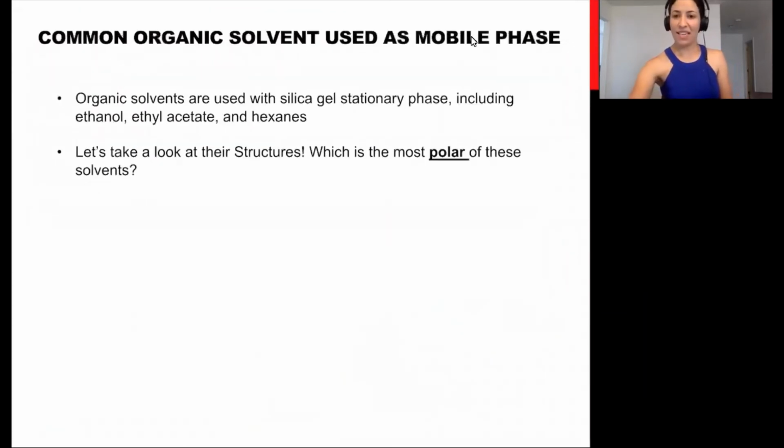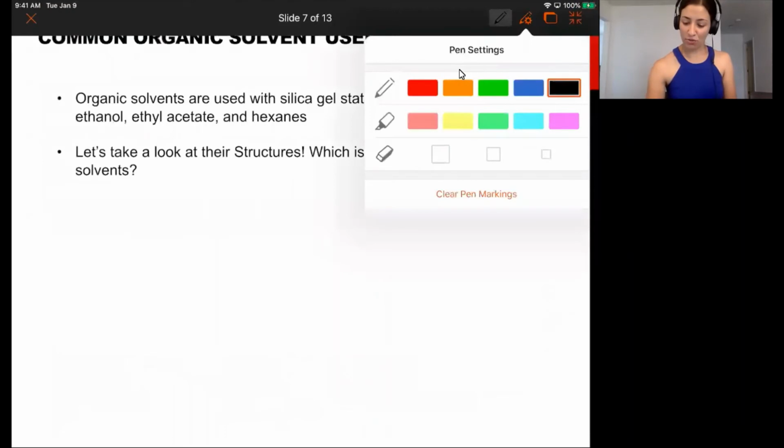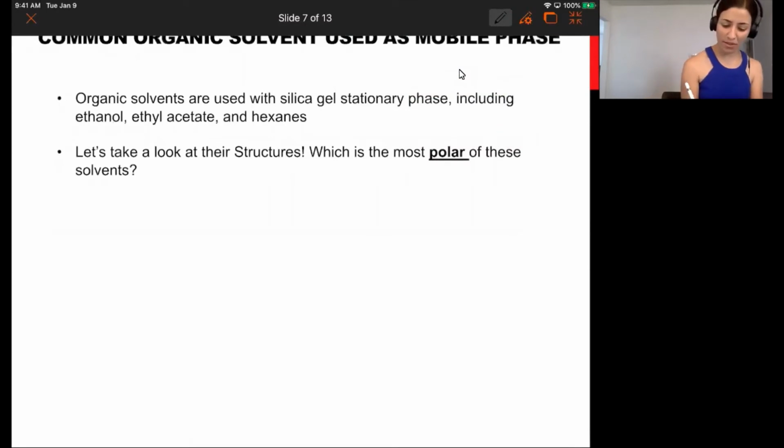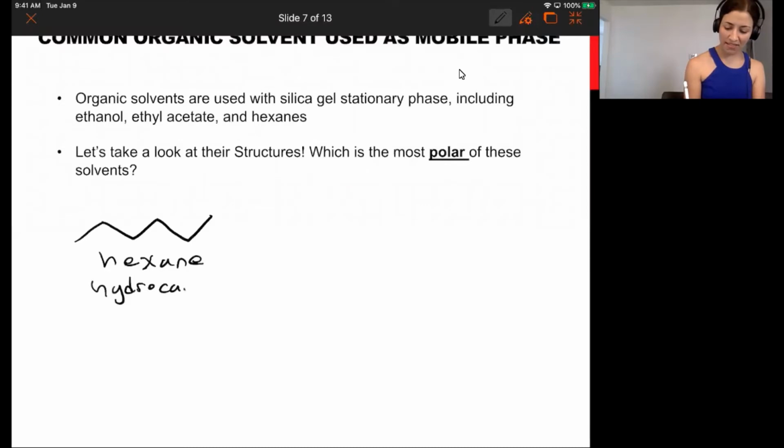So let's take a look at some of the organic solvents that might typically be used as a mobile phase. Though there are many options, I'm going to focus on the most commonly used. Hexane is a hydrocarbon, and it's very nonpolar, as you know from class.